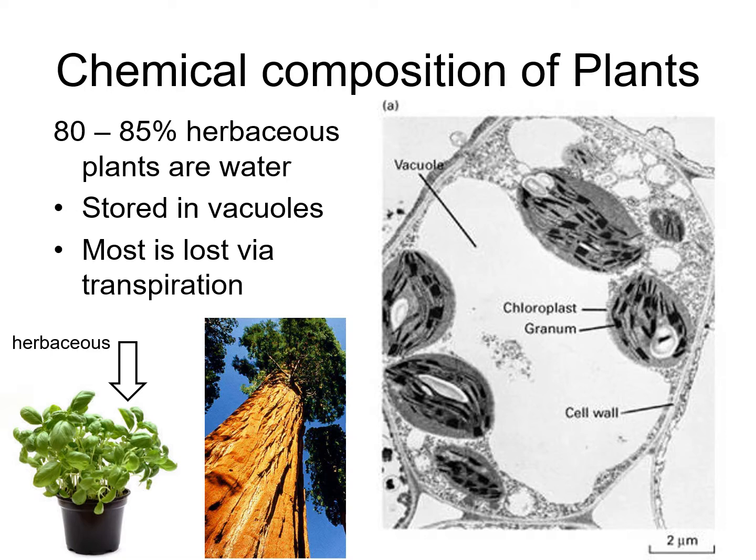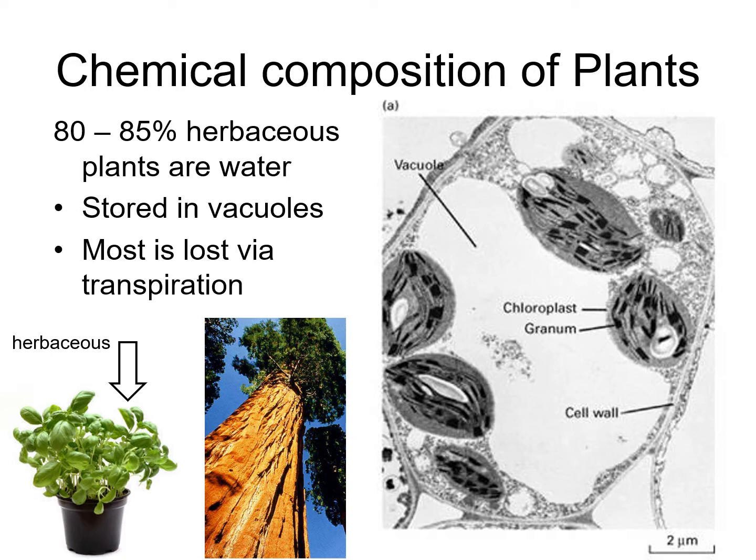We can also see in woody tissue that there's slightly less than 80% because some of that woody tissue retains its mass. But for the vast majority of plant tissues, including the leaves even of woody tissues, the cells are full of water. So much of the water is stored in vacuoles, and most of it is lost in that flux through transpiration.